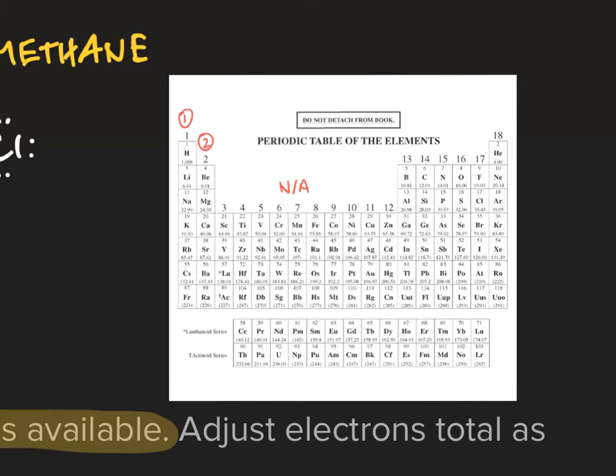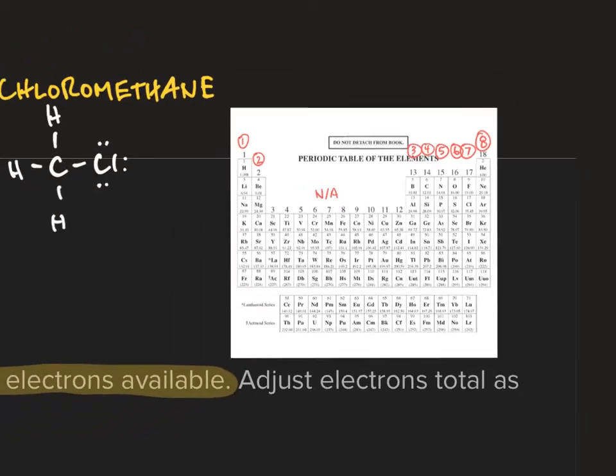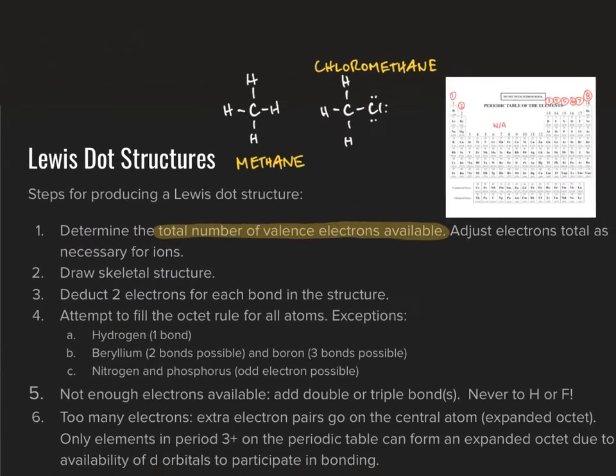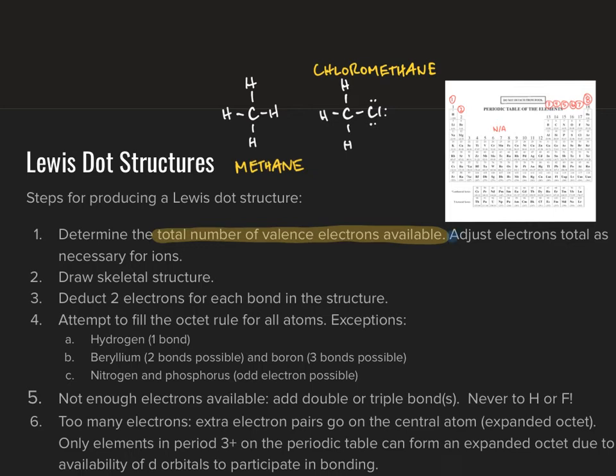Then we've got 3 valence electrons present in our boron group, and then 4, 5, 6, 7, and 8 going through the rest of the representative elements there when we end up on the right-hand side of the periodic table of the noble gases. So again, count up the total number of valence electrons available, and if necessary, you may need to adjust the total number of electrons present in the system to form bonds, depending upon whether or not there is a charge on the species.